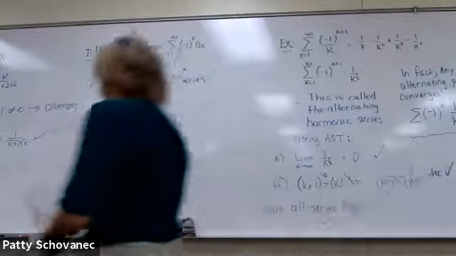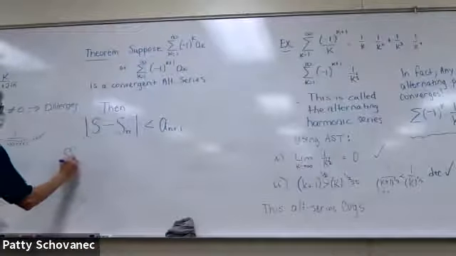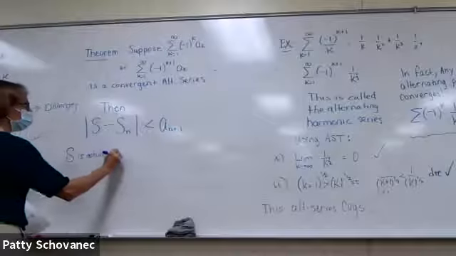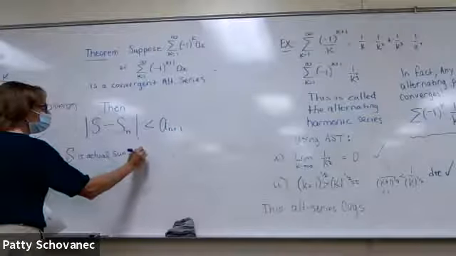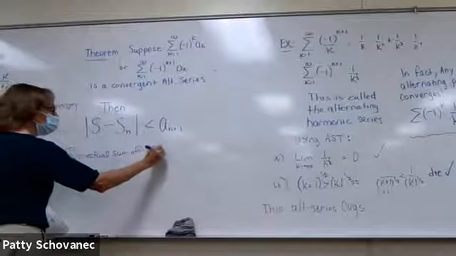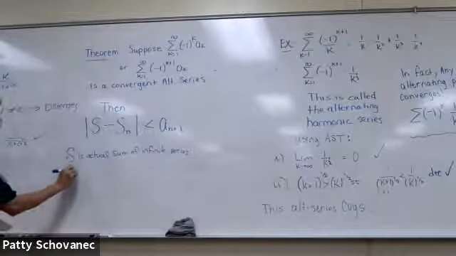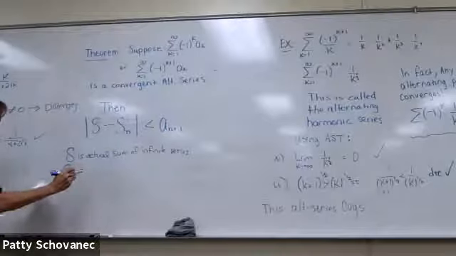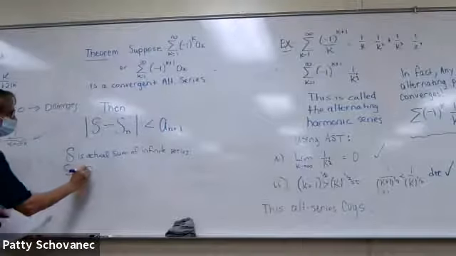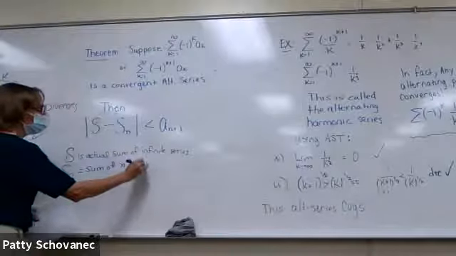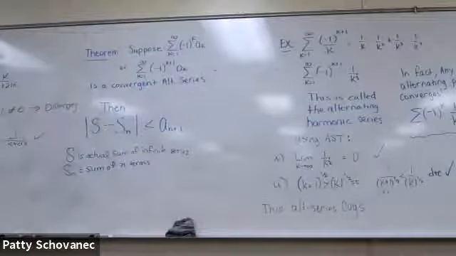So S is the actual sum of the infinite series, and S_n is equal to the sum of n terms of the alternating series, so it includes the alternating in sign.